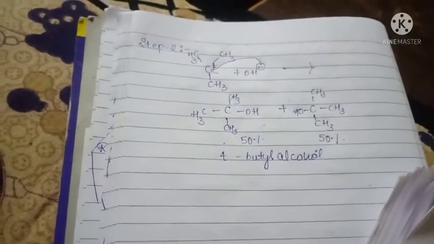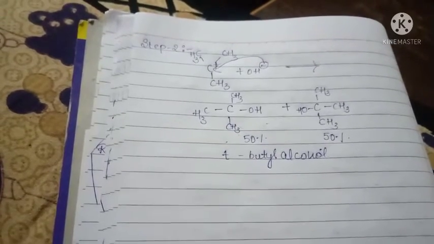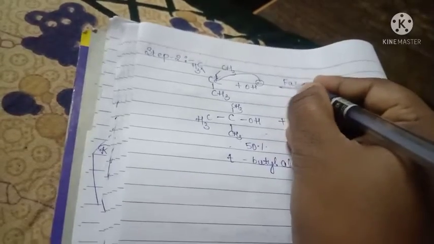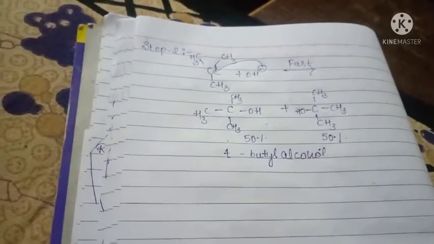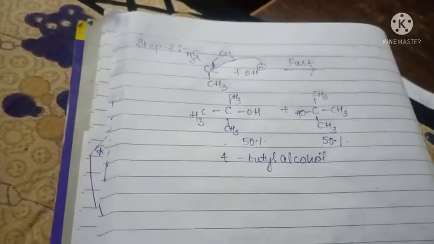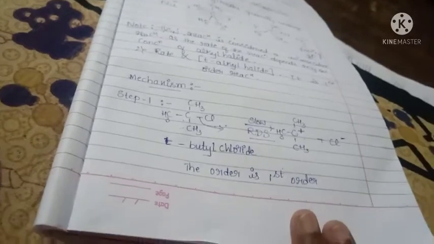Okay, this is all about the step 1 and step 2 mechanism of SN1 reaction. This is the fast step. The first one is the slow step. By using that step we can calculate the order of the reaction, based on the number of reactants.